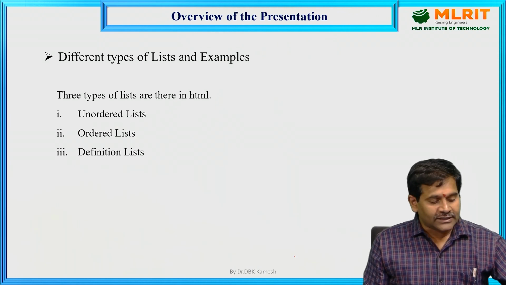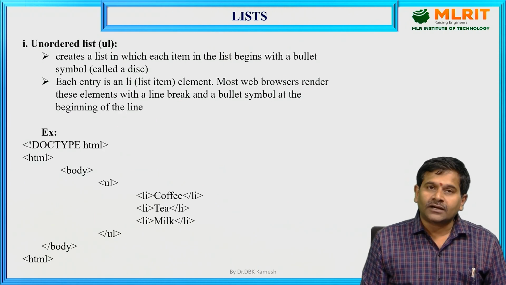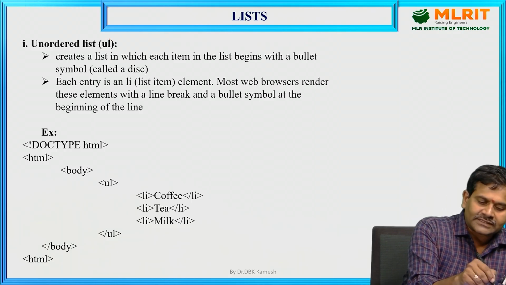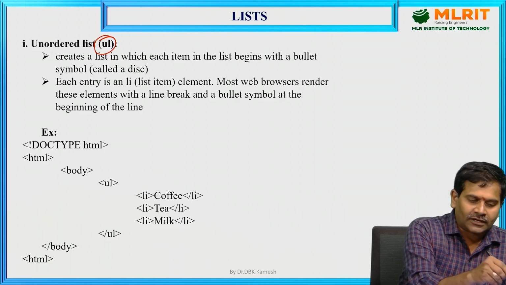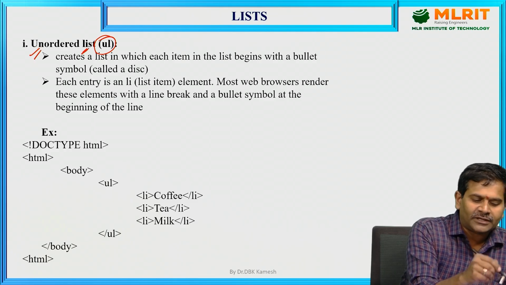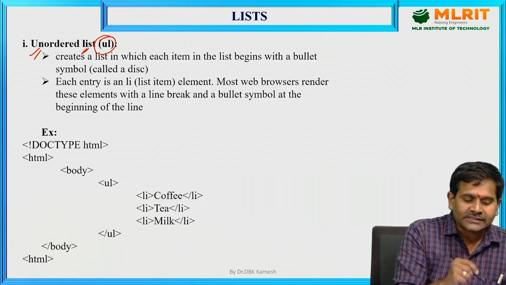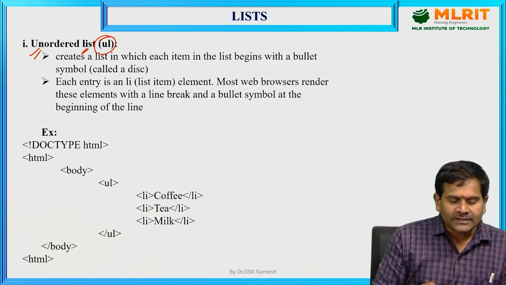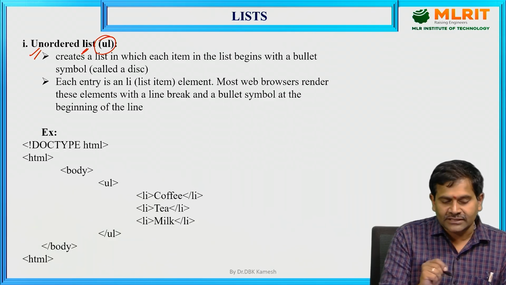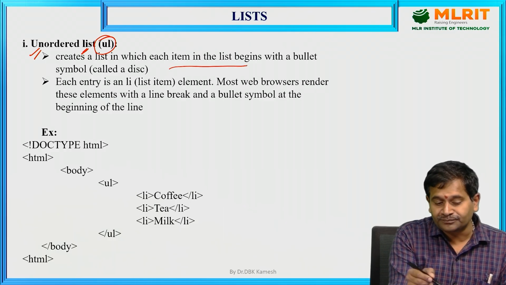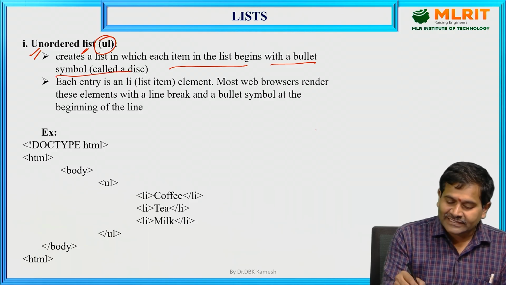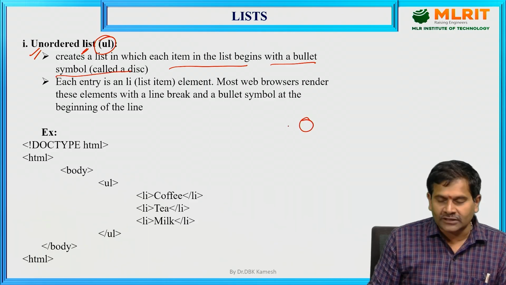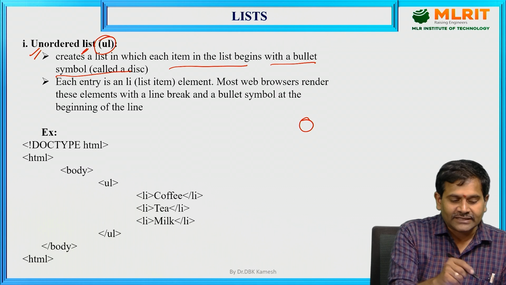The first one, the unordered list, is denoted as UL, U for unordered and L for list. In this, you create a list where each item begins with a bullet symbol called a disk.